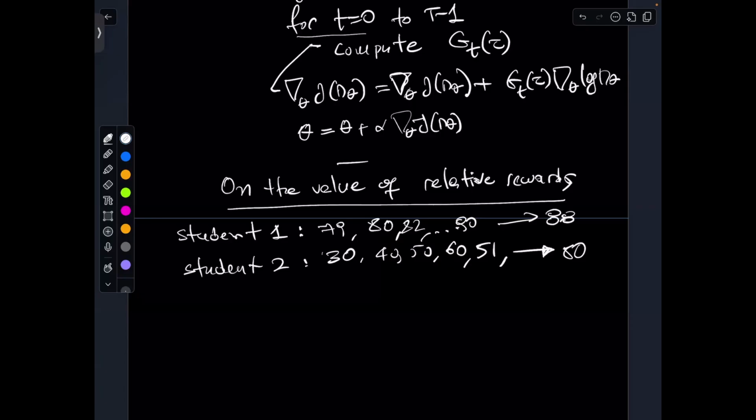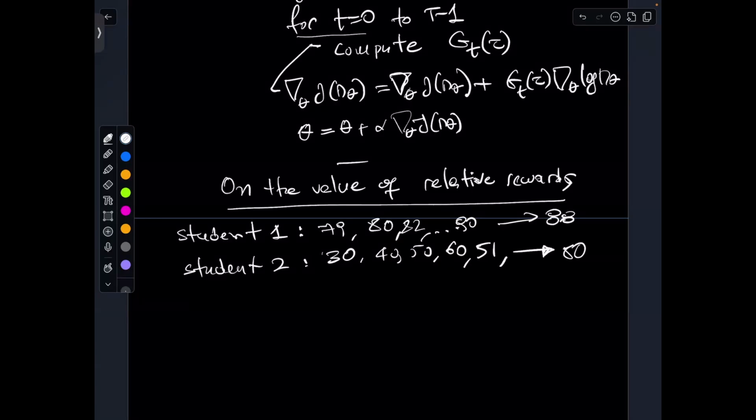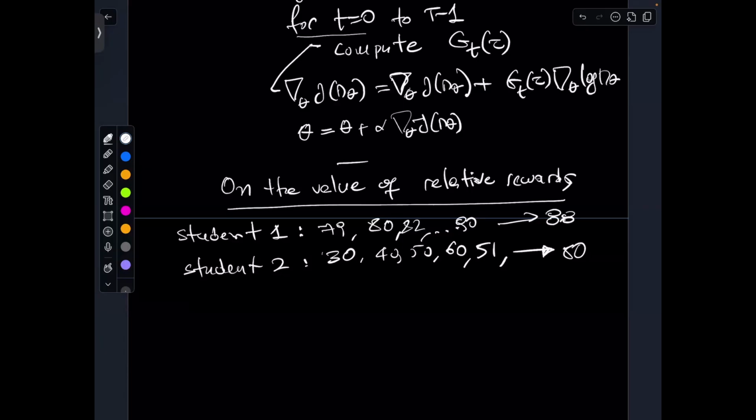So there are two things. If we don't make a change to this kind of reward, and we always award money based on the absolute grade, there's going to be some kind of unfairness. Student 2 improved quite considerably from what we call the baseline.